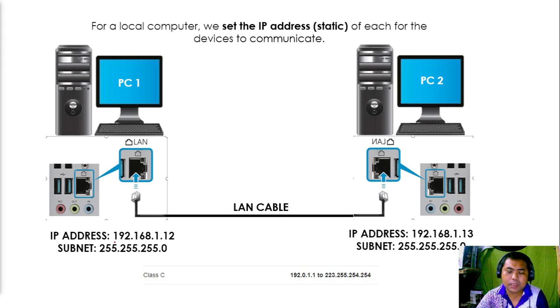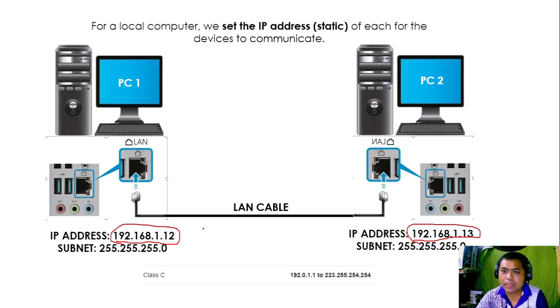As you can see here, we have the IP address of PC1, which is 192.168.1.12, and the IP address of PC2, which is 192.168.1.13.